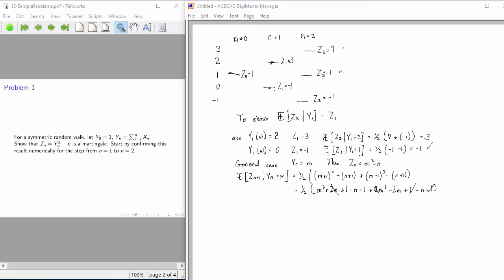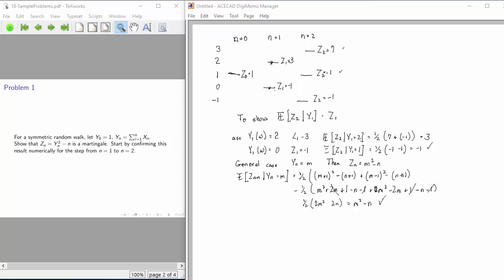That cancels that. That cancels that. And what do we get? We get 1/2 of 2m squared minus 2n, or m squared minus n, which checks. So that's one way to do it.